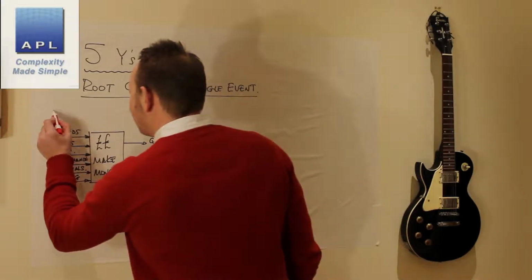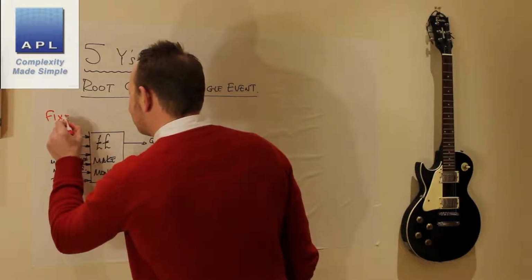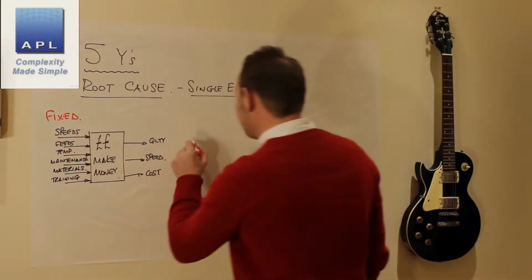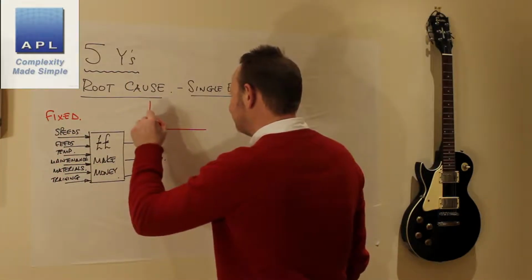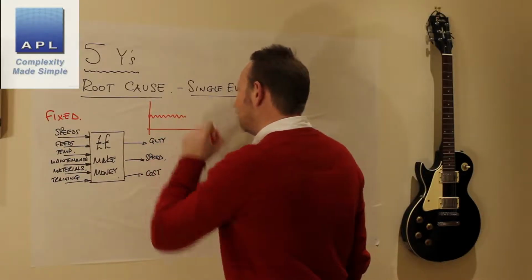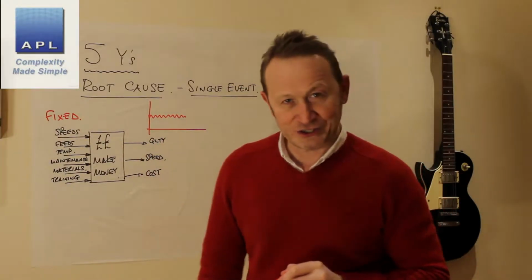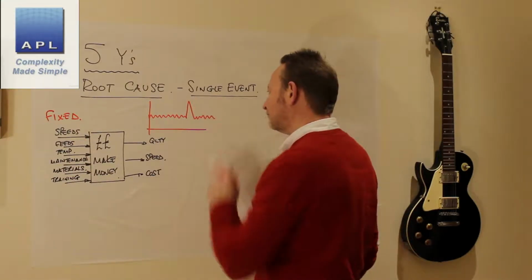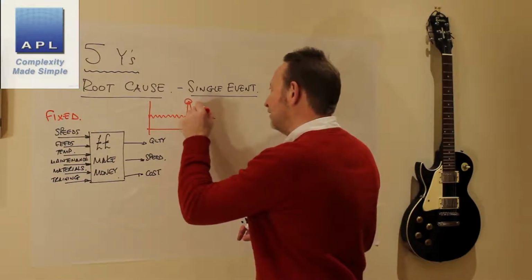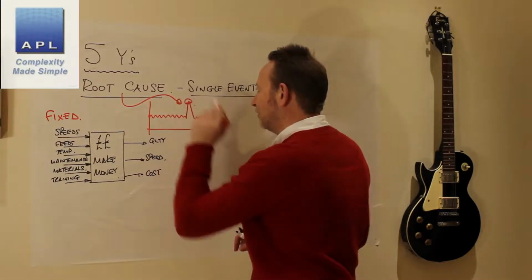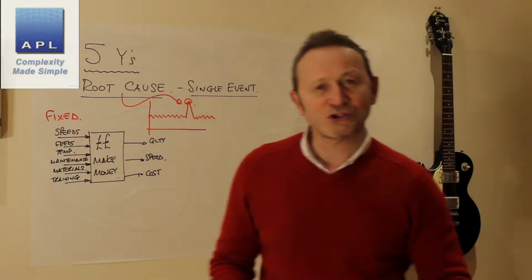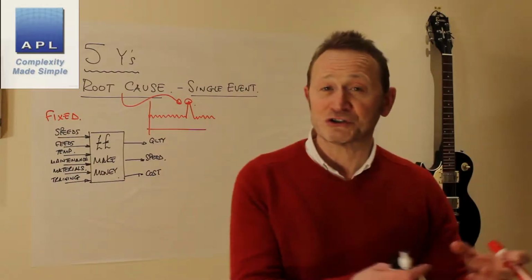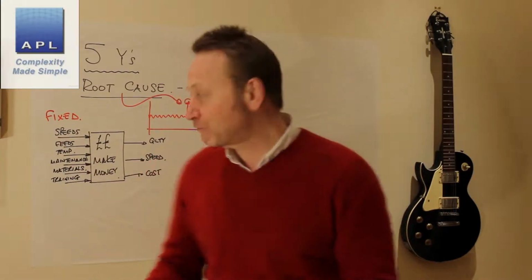So if you have all of your inputs fixed and you have a nice stable performance like this, and this happens, this will have a root cause, and therefore you can start to ask 5 Whys.